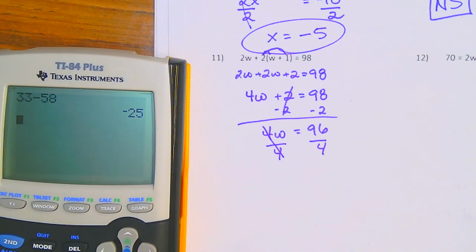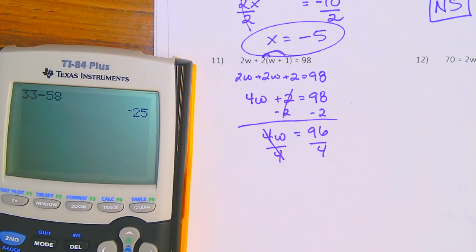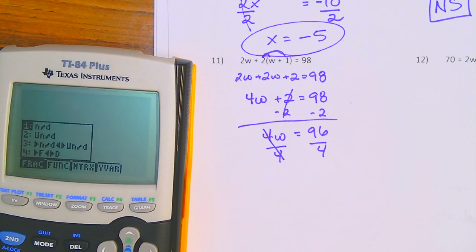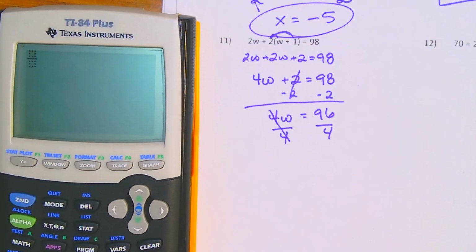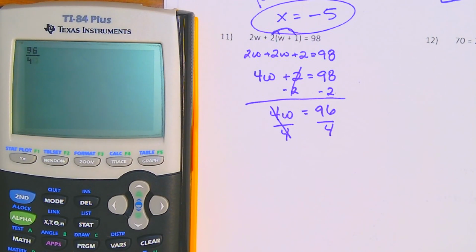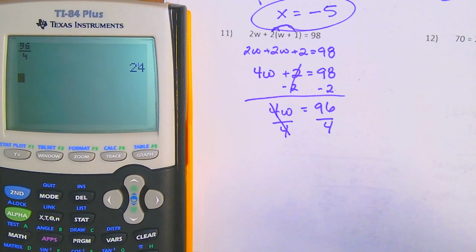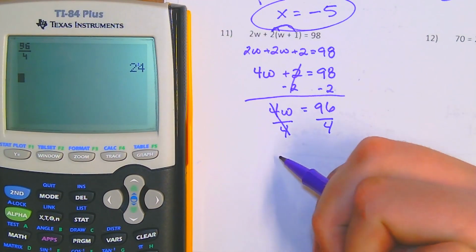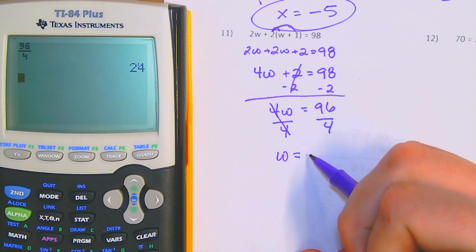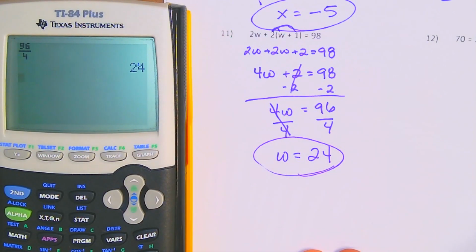Go in my calculator, type in alpha y equals, numerator denominator, 96 over 4. Press enter, and look, it's a whole number. So even fractions are actually just things that get reduced down to whole numbers. So we end up with w equals 24 as an answer, right there.